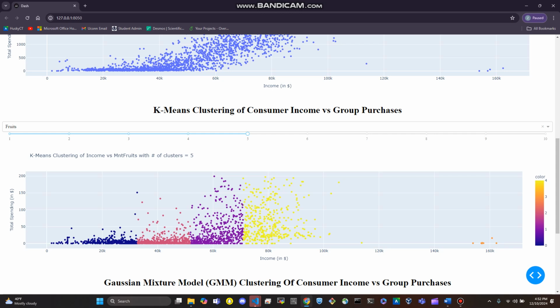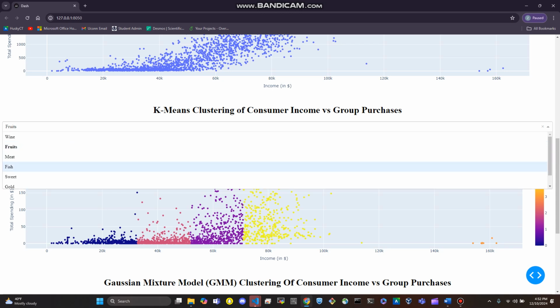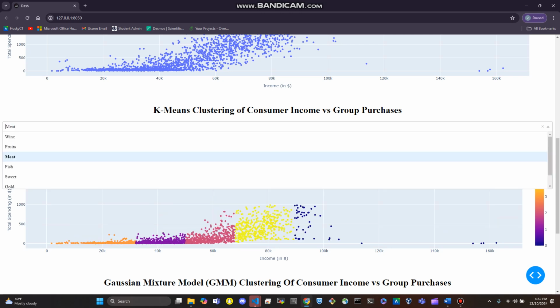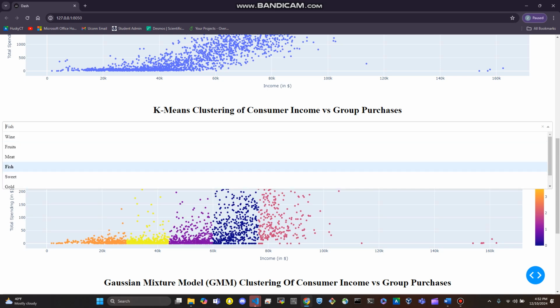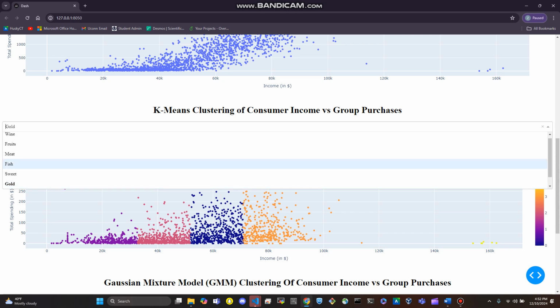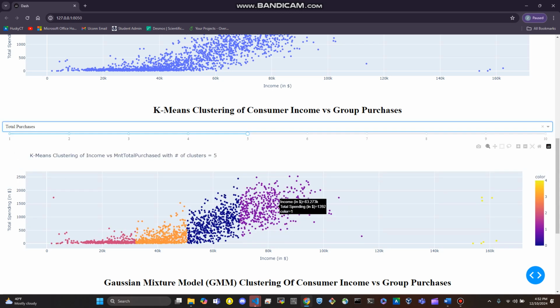For this, I'm using a cluster amount of 5, because I found through the elbow method that 5 clusters is the optimal amount. Then we have meat, fish, sweet, and gold products, and we also have the total purchases as well.